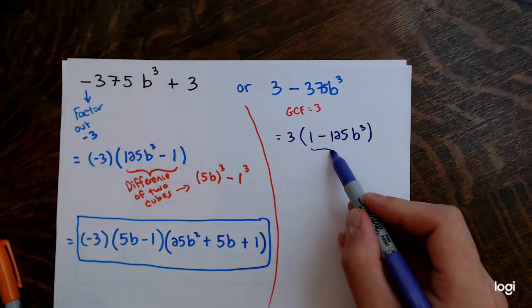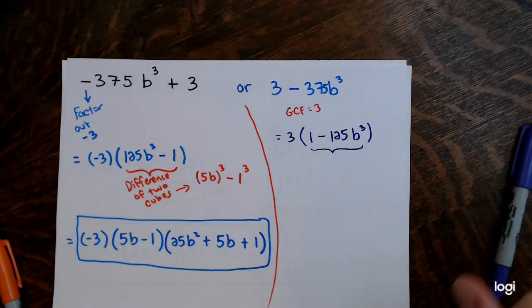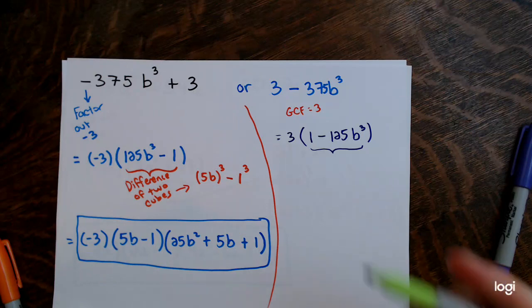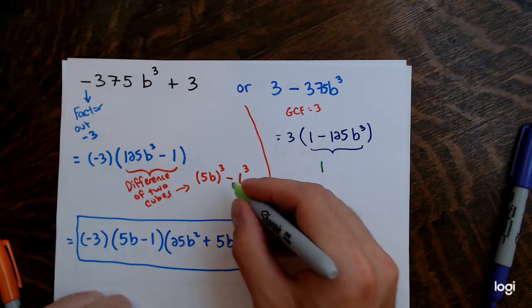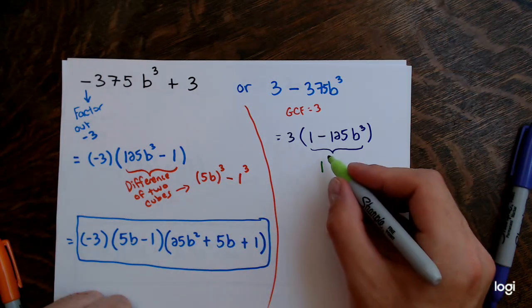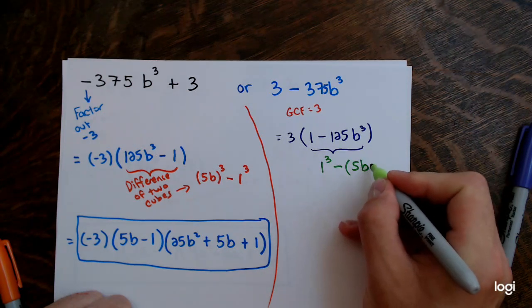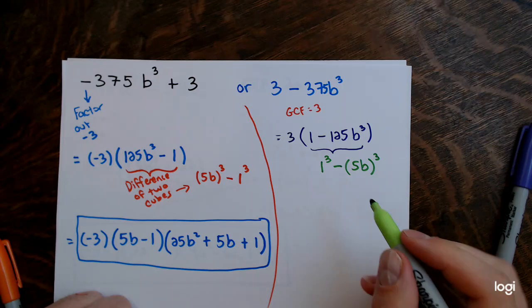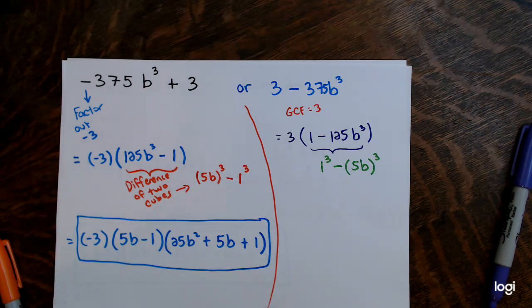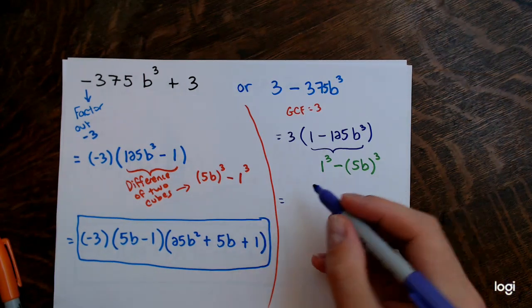And then this here is a difference of cubes. Right? 1 minus 125b cubed is just reversing this over here. It's just the other order. This is 1 cubed minus 5b cubed. So the way it would factor is a little different looking, but it still ends up being the same expression.